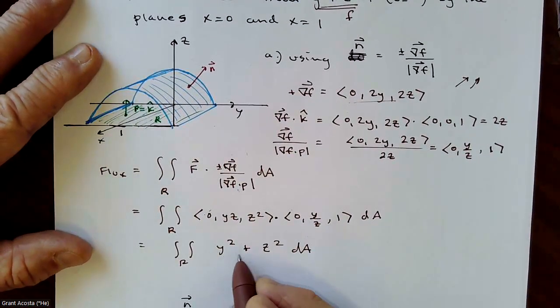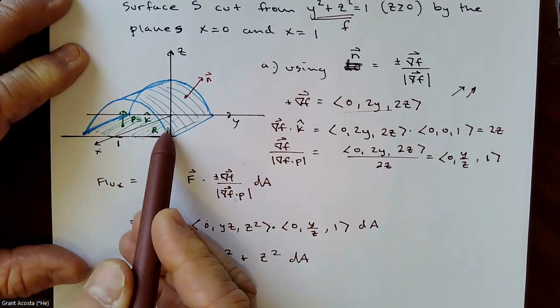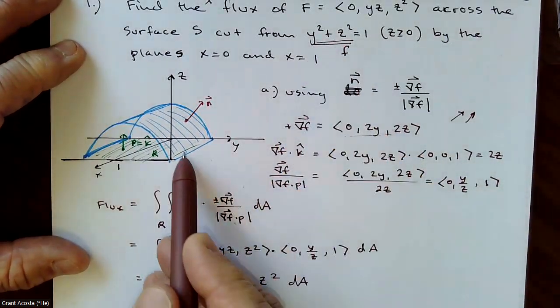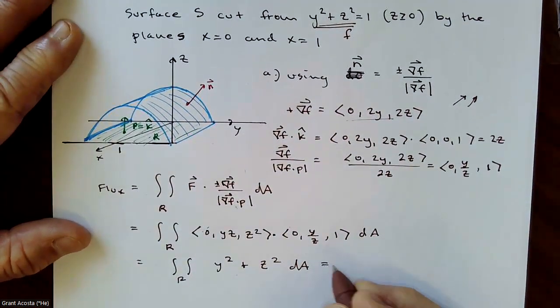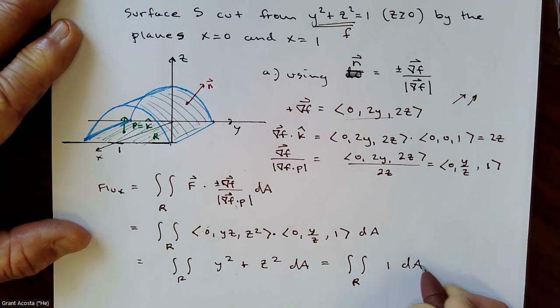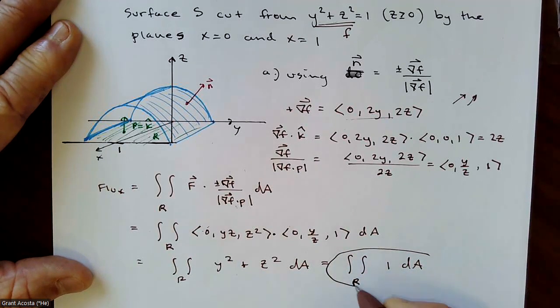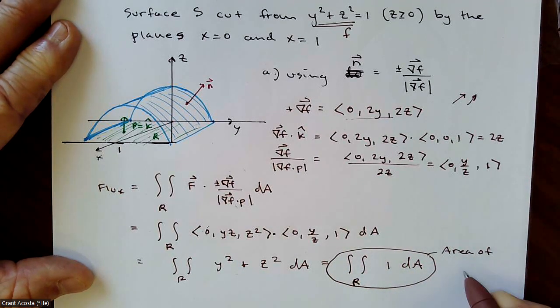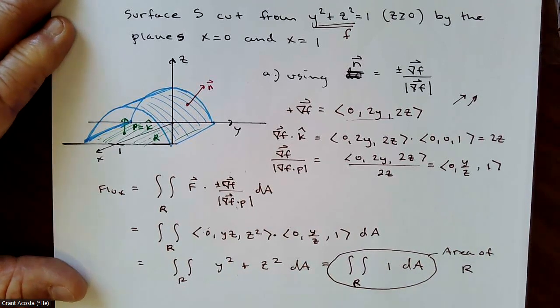And notice, on my surface, y squared plus z squared, that's the equation of my surface, is equal to 1 in this case. So that's just going to be the double integral of 1 dA, which anytime we see that, all that just means is the area of R, my region.